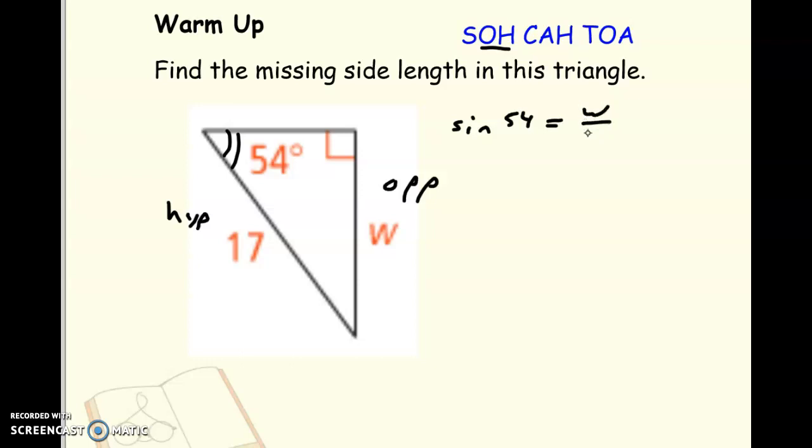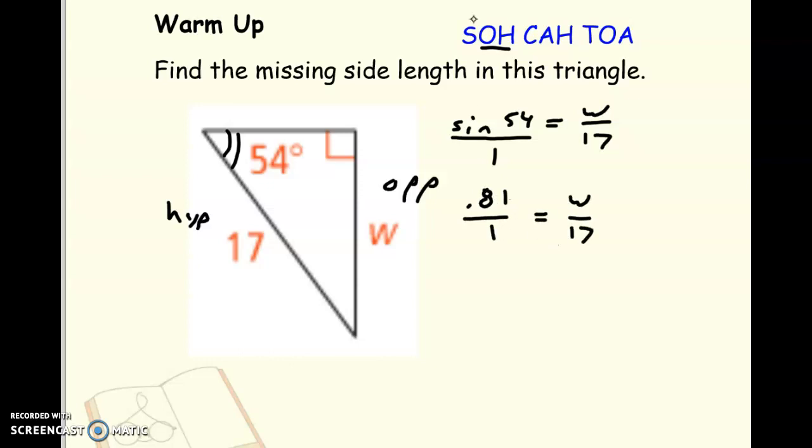is W over 17. And then basically from here to solve this one, normally I make this into a ratio and then just do my cross products. On the calculator, we should get something like 0.81 over 1 equals W over 17.